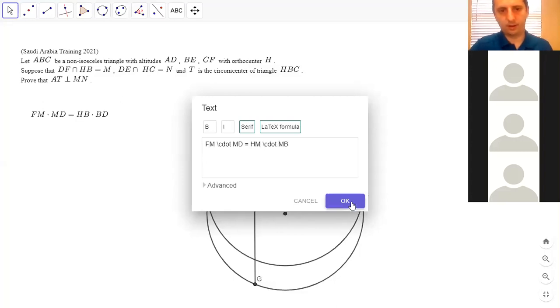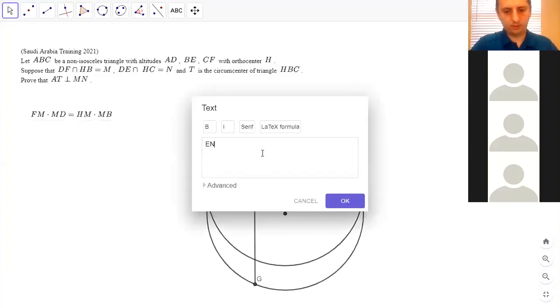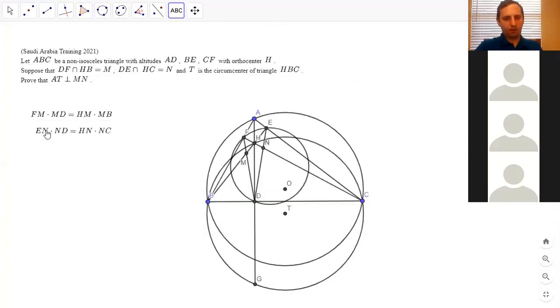And we also have EN times NB equals HN times NC. So that means that M and N both lie on the radical axis of that circle.